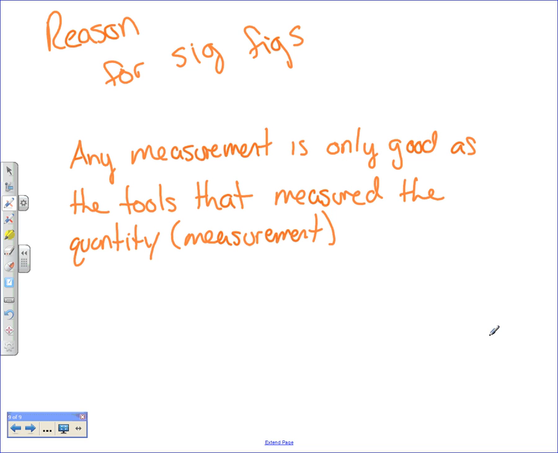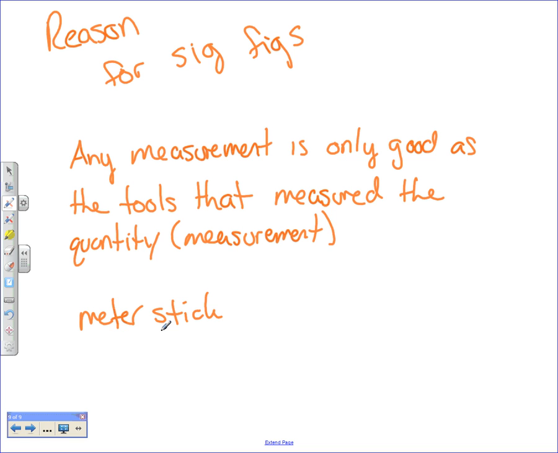So for instance, a meter stick, okay? A meter stick is only good to the half millimeter mark. Beyond that, we can't get any accurate information about more fine measurement. Let's say hundredths of a millimeter or thousandths of a millimeter. A meter stick is limited in its measurement capabilities.